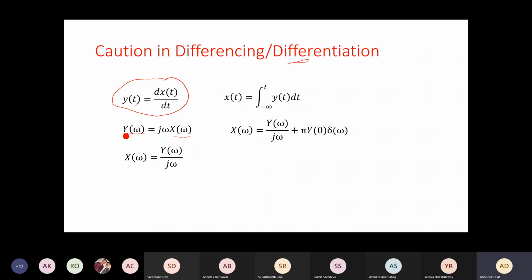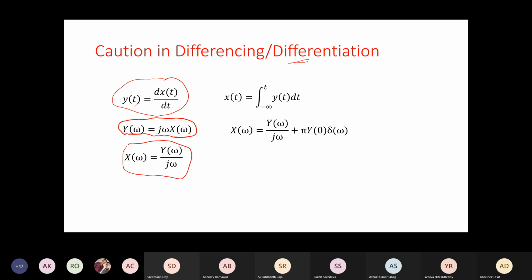Now, if I use this expression, then from this expression, if I calculate X(ω), then X(ω) will turn out as Y(ω) by jω. Okay, so that is one result.